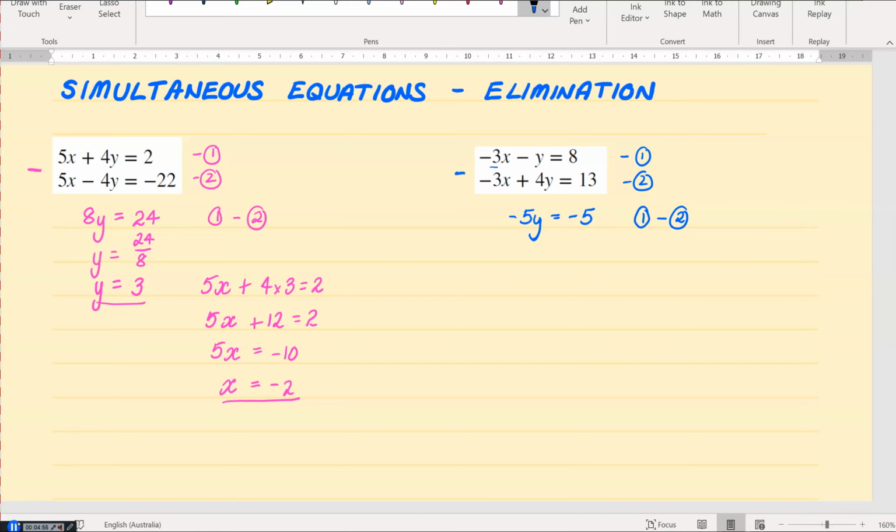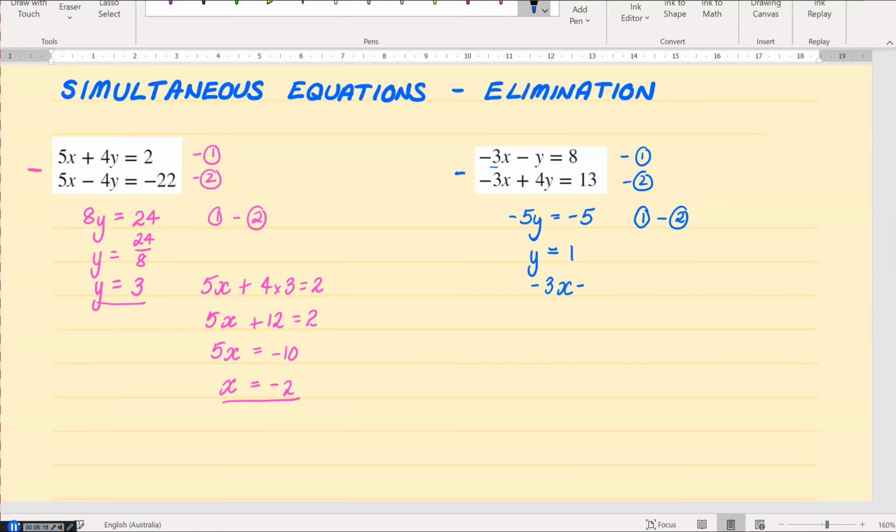And then we're nearly done. So to get rid of a times -5, we will divide by -5. -5 divided by -5 is +1. Nearly there, but remember you want the x value as well. So we're going to substitute it back in here. We get -3x, and remember you could have substituted it in the one below. I'm just doing the top one, looks smaller.